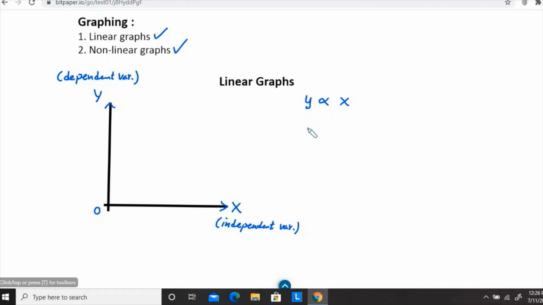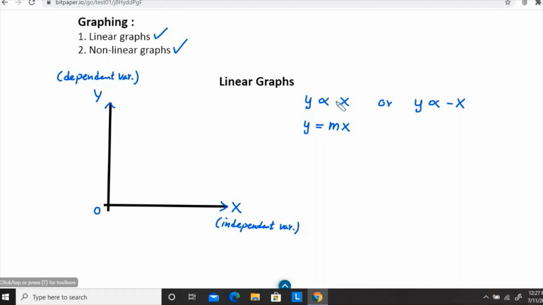Now I can multiply this by a proportionality constant, let me call that m, and then the relationship becomes an equation, y equals mx. So we have this type of a linear equation or a linear relationship, or we can have it in this way: y proportional to minus x.